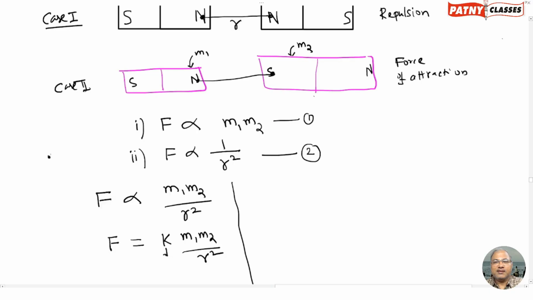K is nothing but the constant of proportionality. And the value of k is given by 1 divided by 4 pi mu naught mu r. Now it is multiplied by M1 M2 divided by r square.